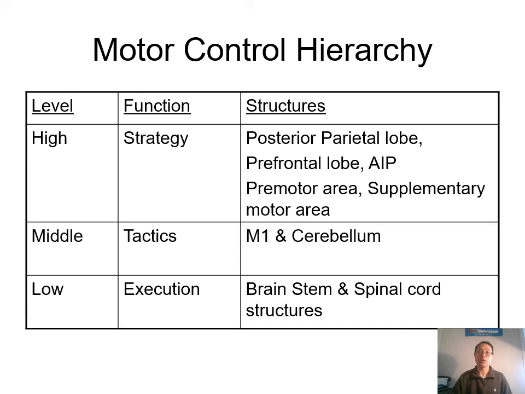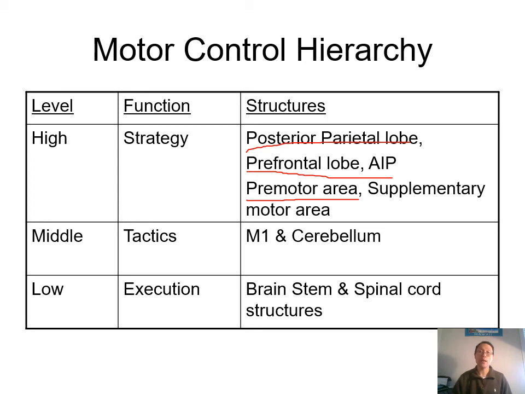These are the structures involved, such as the posterior parietal lobe, the prefrontal lobe, the anterior intraparietal areas. And in the frontal part, you've got places like the premotor area and the supplementary motor area. All of these are involved with the strategic planning of movement.